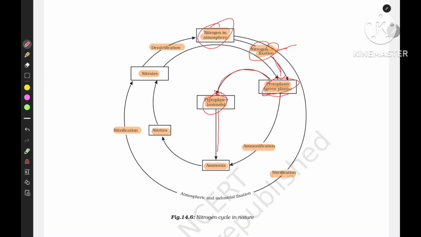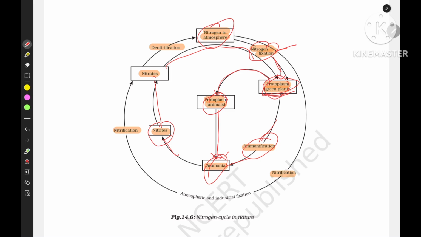Animals form ammonia, and ammonia is contained in urine. Green plants also, through ammonification, form ammonia, and then ammonia is converted into nitrites and nitrates, and these nitrates are again taken up by the green plants.